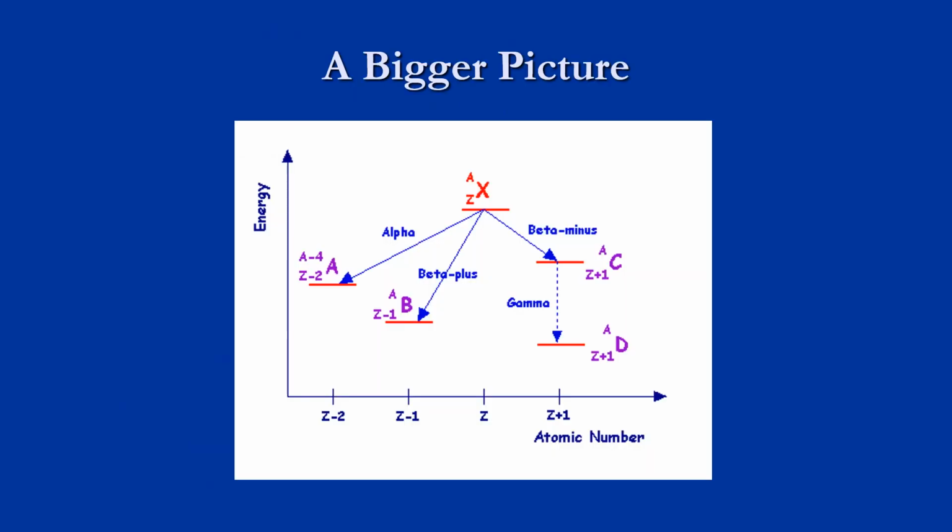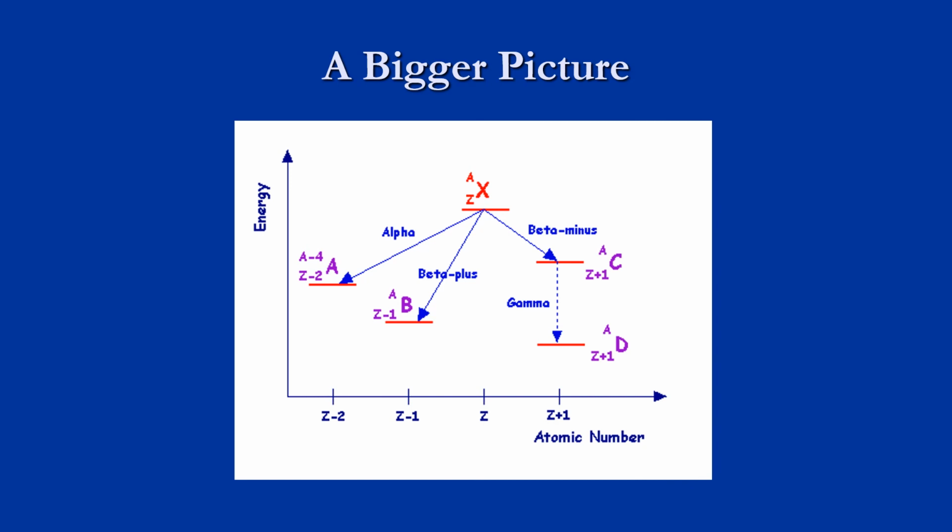Again, we've got another way to look at how these isotopes are trying to become more stable. So this is another way to visually represent what's happening. We can see if we've got an unstable isotope X, there's various ways that it tries to become more stable.